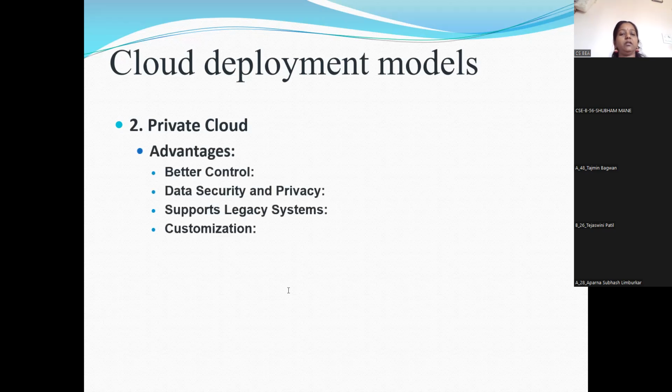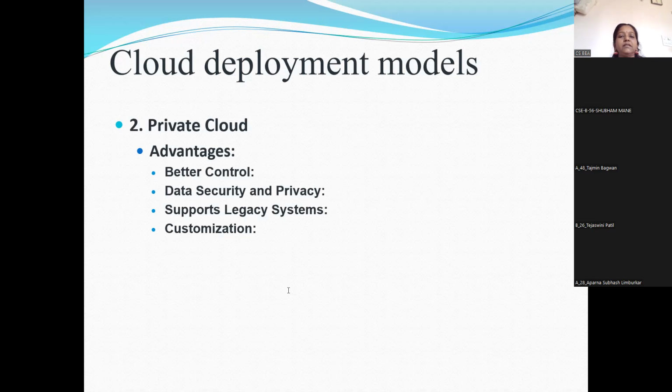So it will give you advantages like, definitely, better control. That means you are the sole owner of the property. You are a single particular user for that particular property which you are buying. So you gain complete command over the service integration, IT operations, policies, and user behavior.